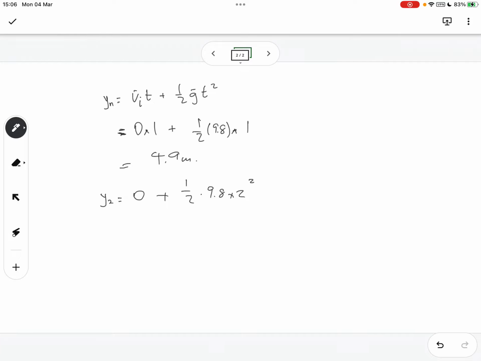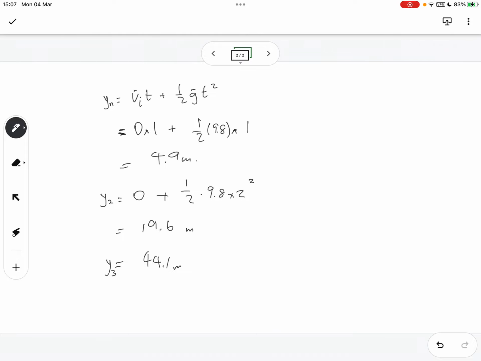The second one would be at 2 seconds: 0 plus a half times 9.8 times 2 squared, which is 19.6, and y3 would be 44.1.